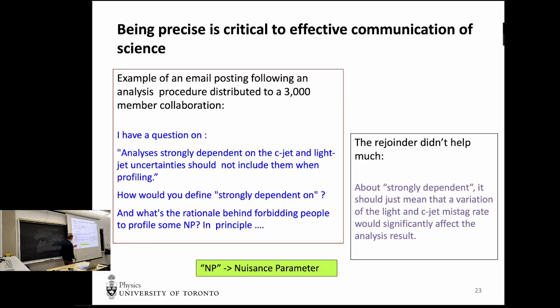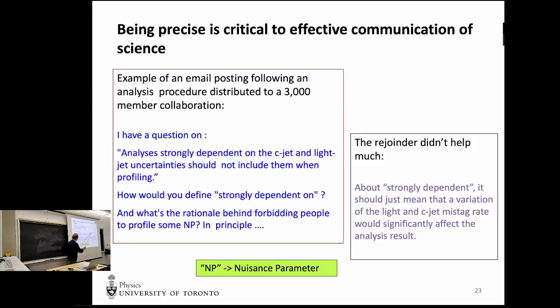This was a question that was sent to a 3,000-member collaboration. "I have a question on analyses strongly dependent on charm jets and light quark jet uncertainty. Should not include them when profiling." Okay, I don't know how you define strongly dependent on, and why he says should not include them when profiling. This is a statistical statement, but there was some question about why one should not do the profiling.